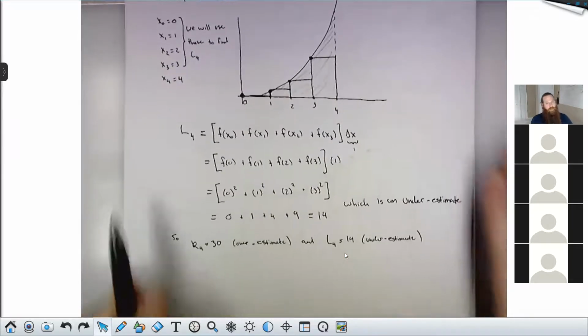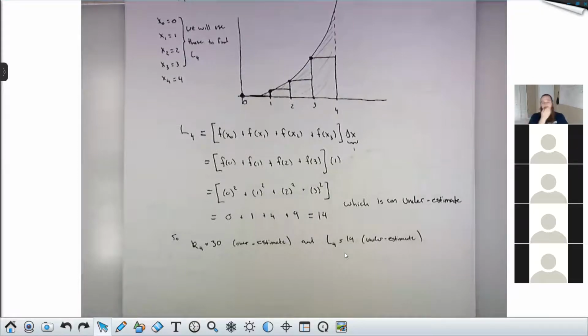But I don't know exactly where. It's hard to say. I could use more rectangles. That's one way to do it. Or I could try a different method. I could try averaging R4 and L4. And that, it turns out, will give you what's called the midpoint, which we would call M4.